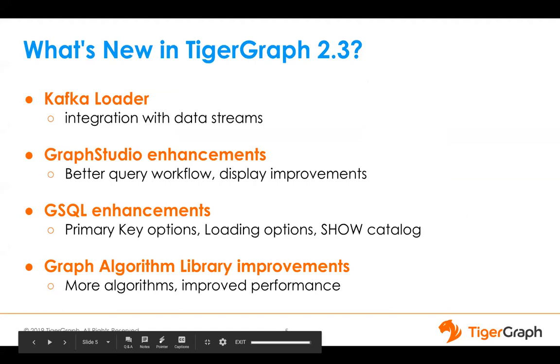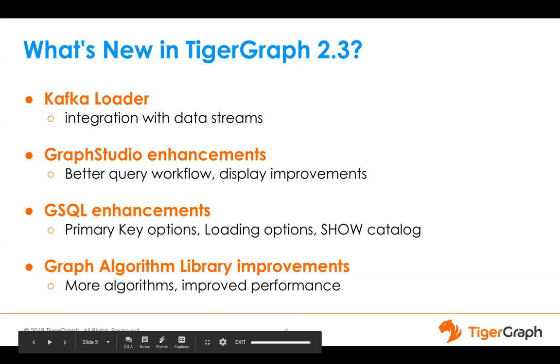So here are 4 major things included in TigerGraph 2.3. The most significant is the addition of a Kafka Loader, which lets you integrate the TigerGraph platform natively with data streams. We're continually improving GraphStudio and GSQL.